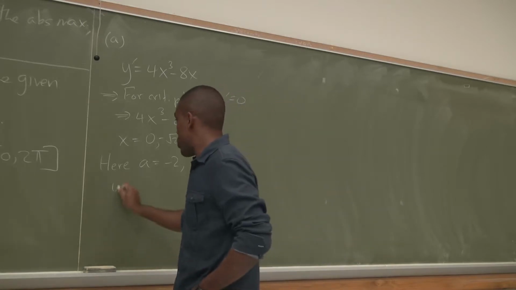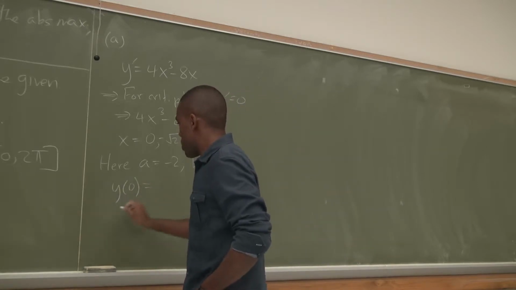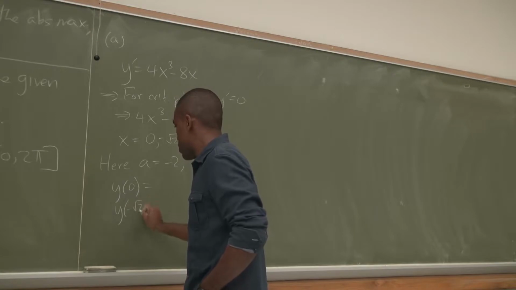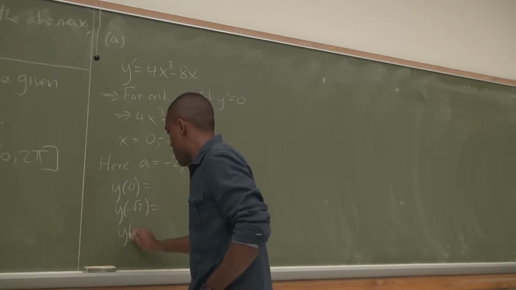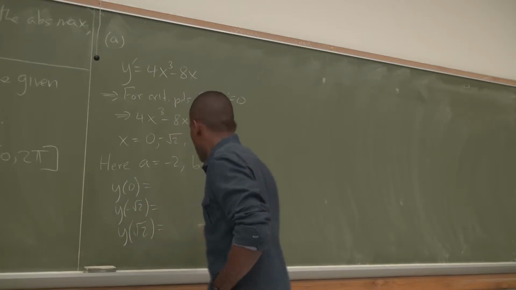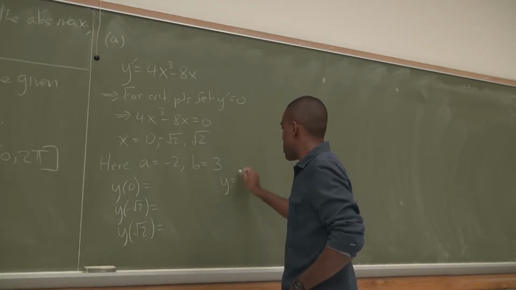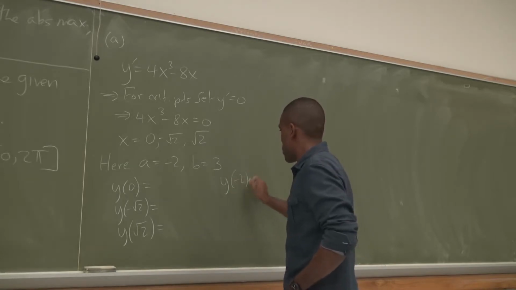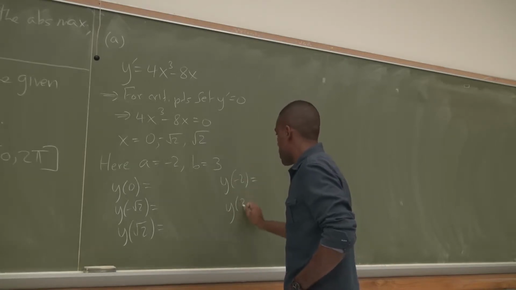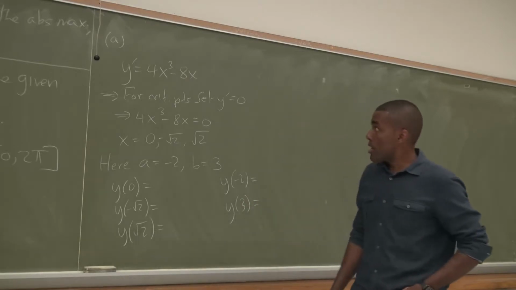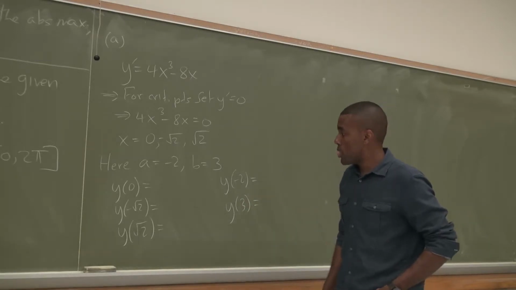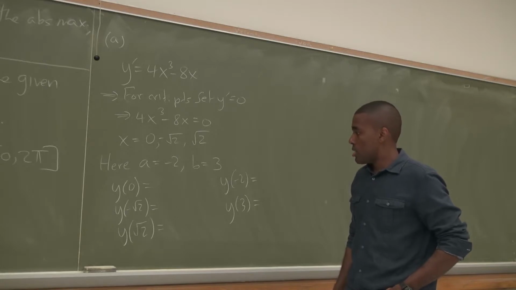So we're going to check y of 0, y of minus radical 2, y of positive radical 2, y of minus 2, and y of 3, right? So you check the value at all points that are in this interval.